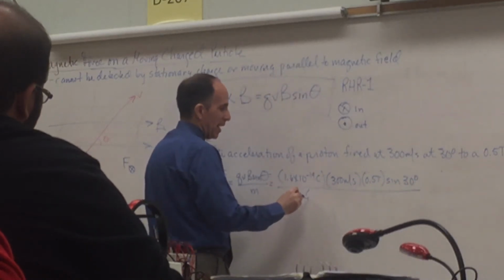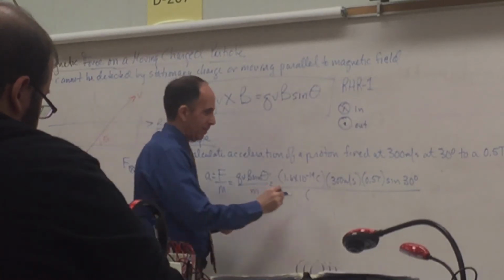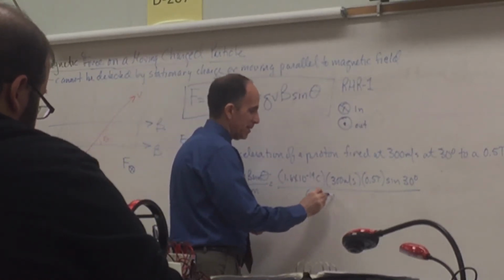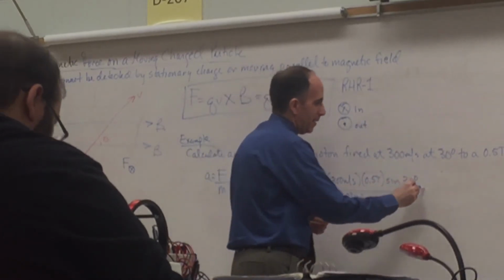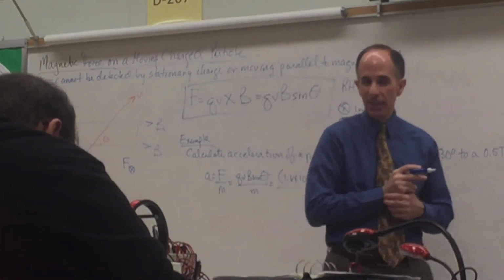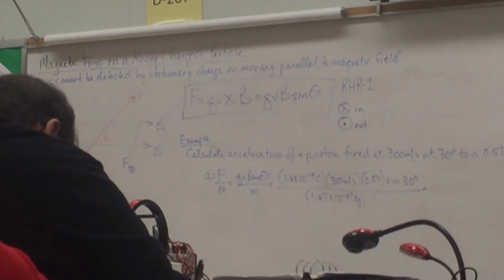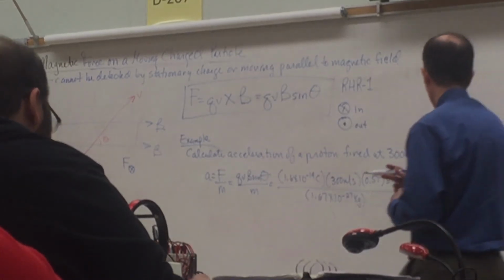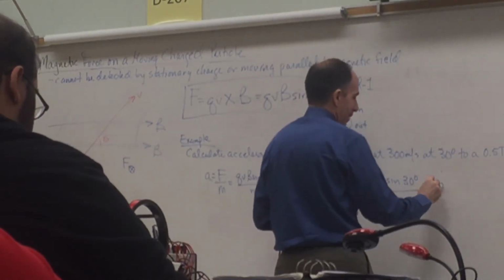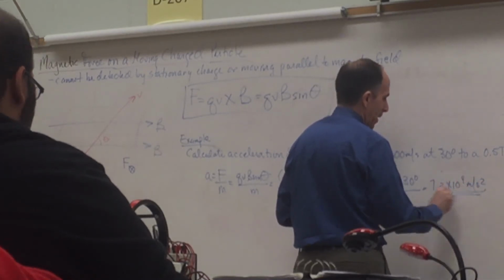And the mass I just gave you is 1.67 times 10 to the negative 27 kilograms. I got 7.2 times 10 to the 9 meters per second squared.